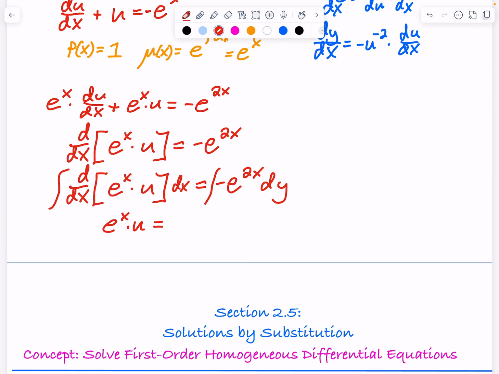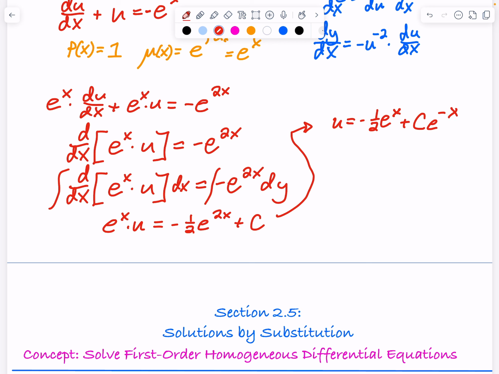Nothing changes there. And then on the right, I'm going to get a negative 1/2 e to the 2x plus c. You can do u sub if you'd like. And then I'm going to multiply everything by e to the negative x. Okay, so that's going to get me u equals negative 1/2 e to the x, because 2x plus minus x is x, and then plus c e to the negative x.